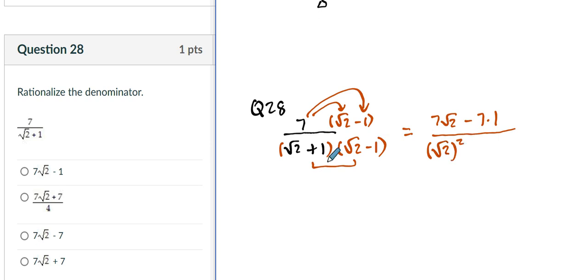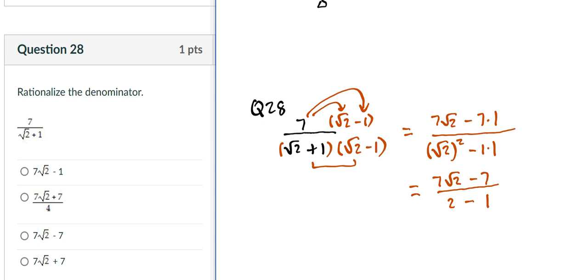I'm not going to write the inner and outer products, you know they will be cancelled. Minus 1 times 1 for the last product. Then we have 7 radical 2 minus 7 for the numerator. Downstairs, radical 2 squared is just 2, and 1 times 1 is 1.